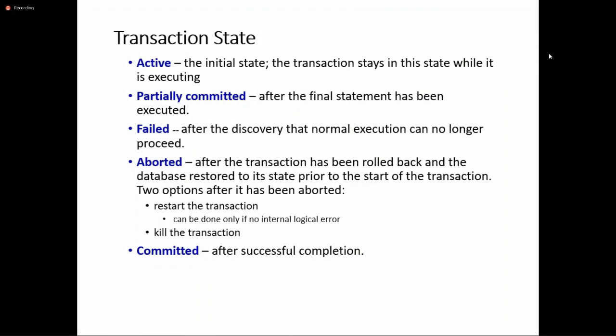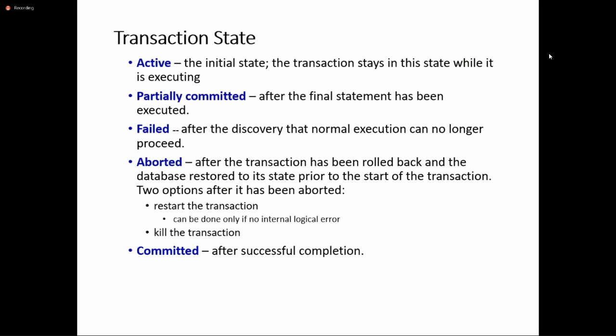We already studied rollback and commit in database programming. If there is no logical error, you can commit, because all tasks completed successfully. If errors happen, then you roll back, meaning you go to the previous state.